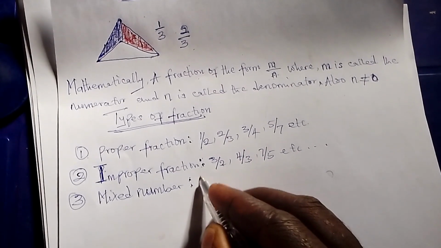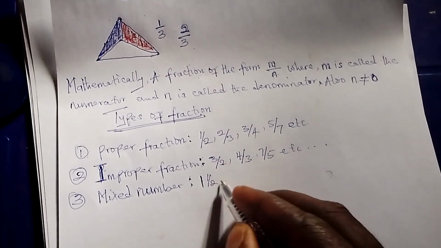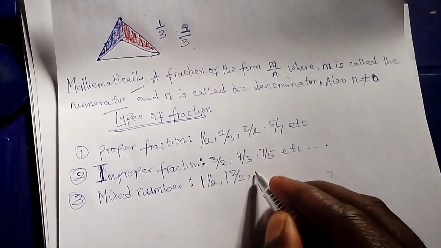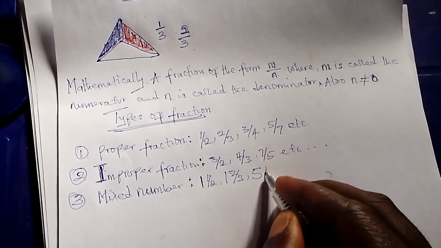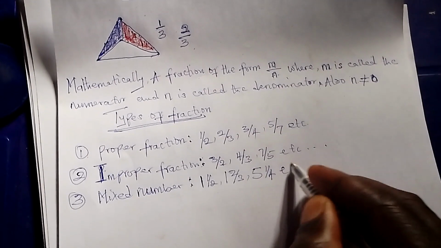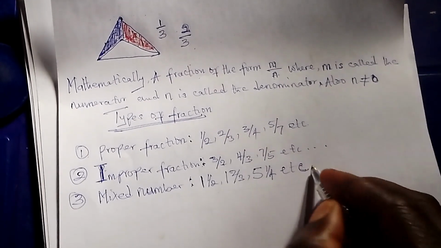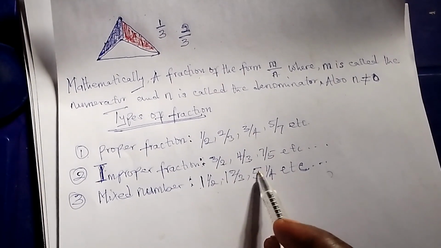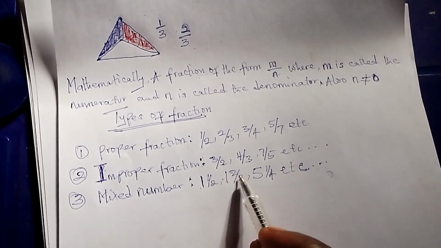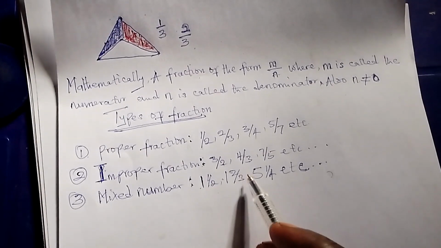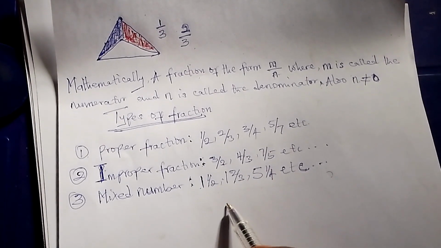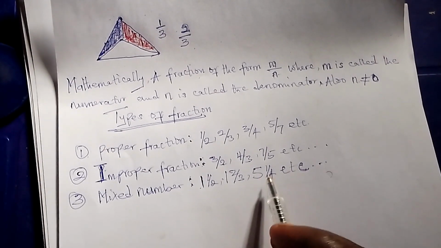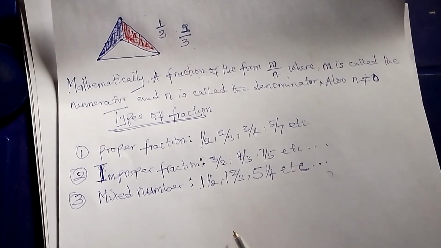Example of it is 1 whole number 1 over 2, 1 whole number 2 over 3, 5 whole number 1 over 4, etc. So in this case now, this is a whole number, this is a whole number, and this is a what? A fraction. 1 over 2, 2 over 3, 1 over 4. So a fraction of this form is called a mixed number.